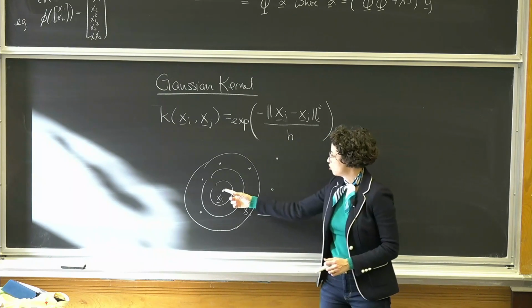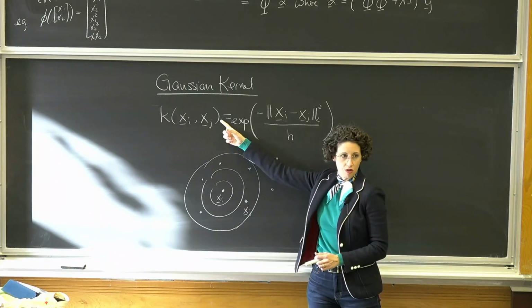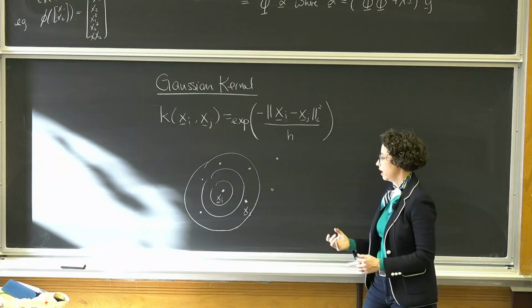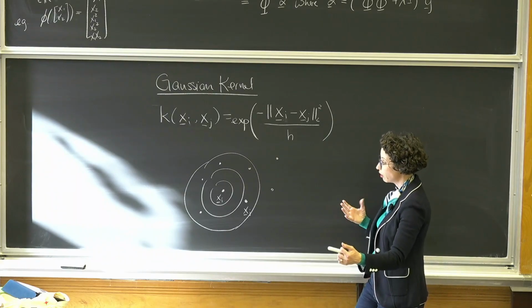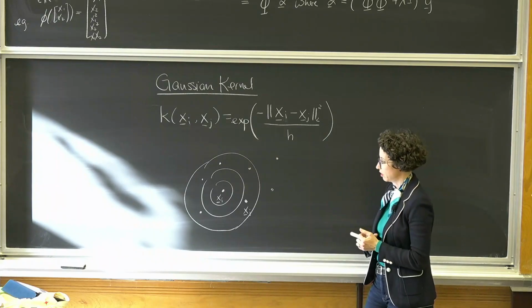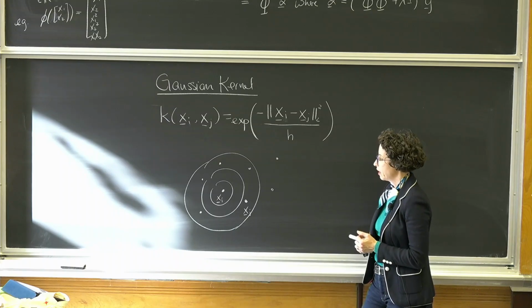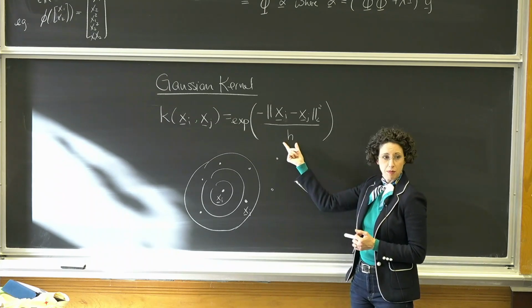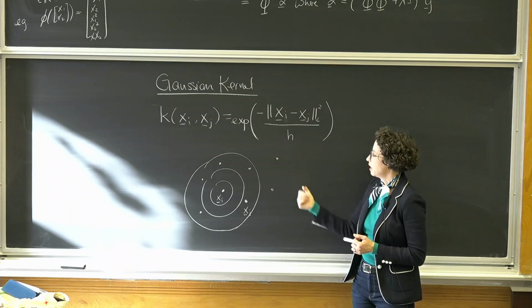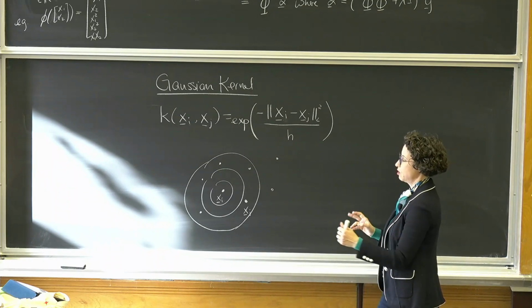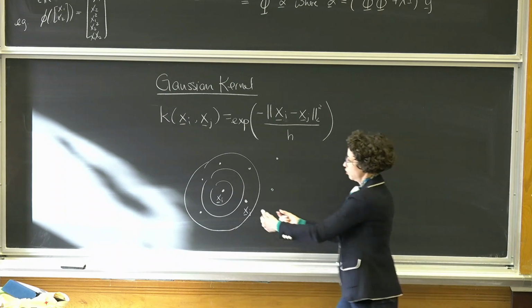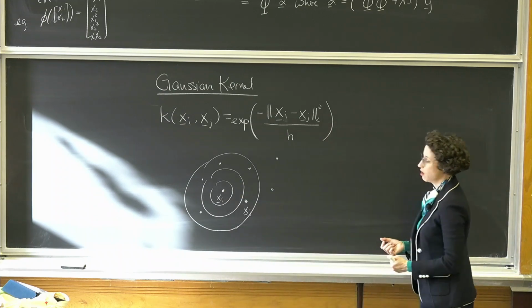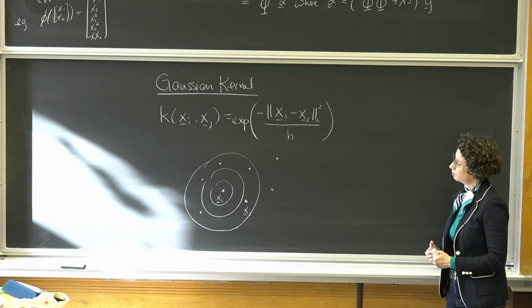So if xi and xj are closer together, then this kernel function will be larger. And if xi and xj are farther apart, this kernel function will be smaller. It'll be less similar in that sense. And this bandwidth parameter h is telling me how quickly this measure of similarity drops off, or gets small, as two points xi and xj get further and further apart.